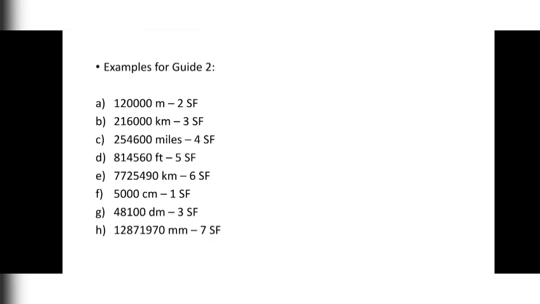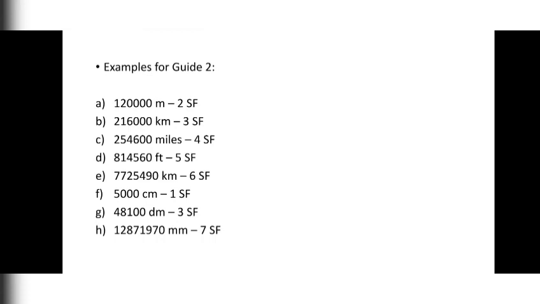It ends at 6, so there are only 4 significant digits, so it's going to be 4 significant figures. For the fourth one, we have 814,560 feet, which is 5 significant figures because there's 1 zero at the end, and there are only 5 digits before it, so it's considered as 5 significant figures.